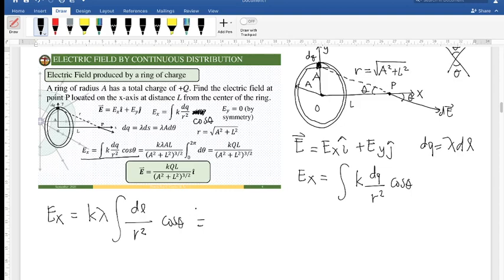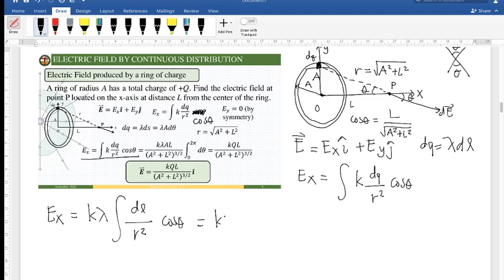So cosine theta is L over the square root of A squared plus L squared.